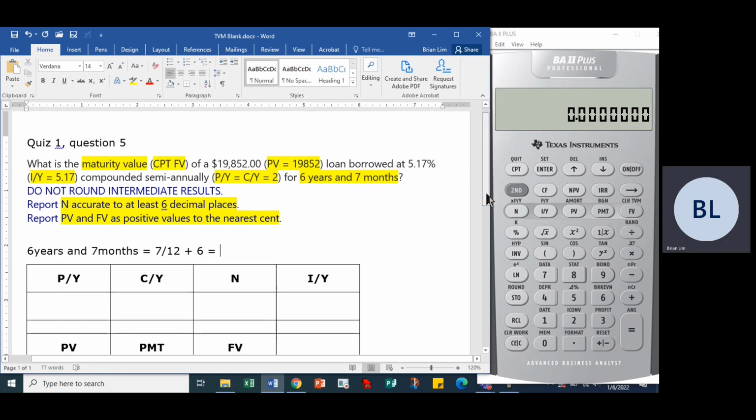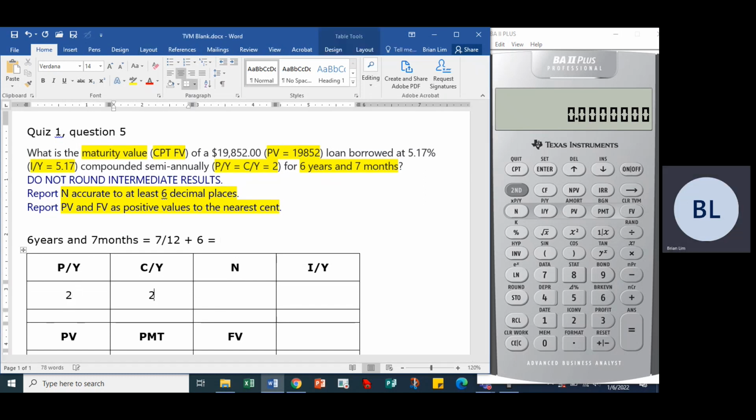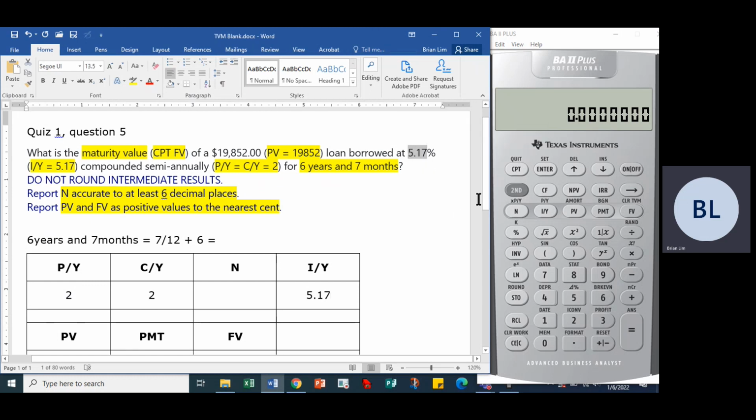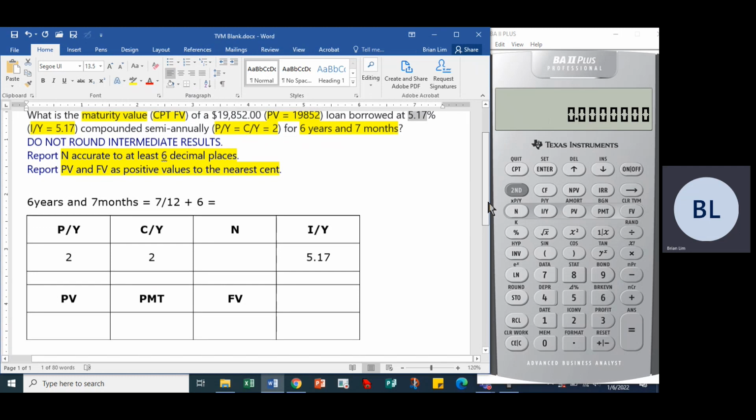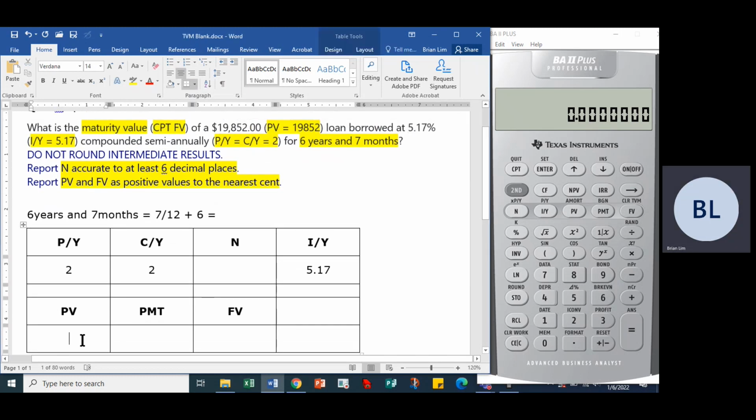All right, so we have our information. Let's enter. So PY is 2, CY is also 2, and N we'll use the calculator to get that number. That's the easier way. IY is 5.17, in case you missed it, it's right up here. Present value is what? 19,852.